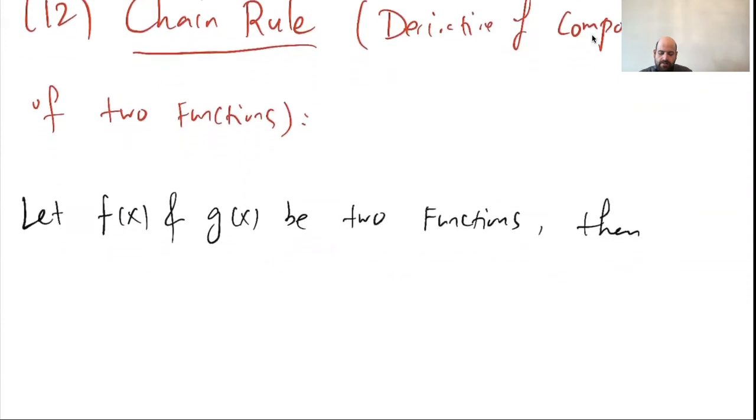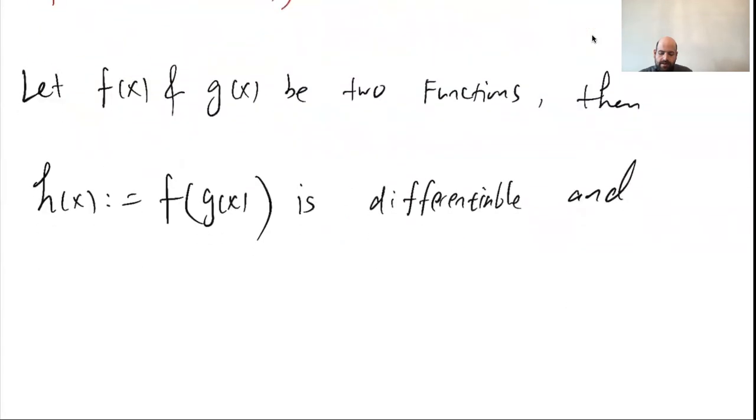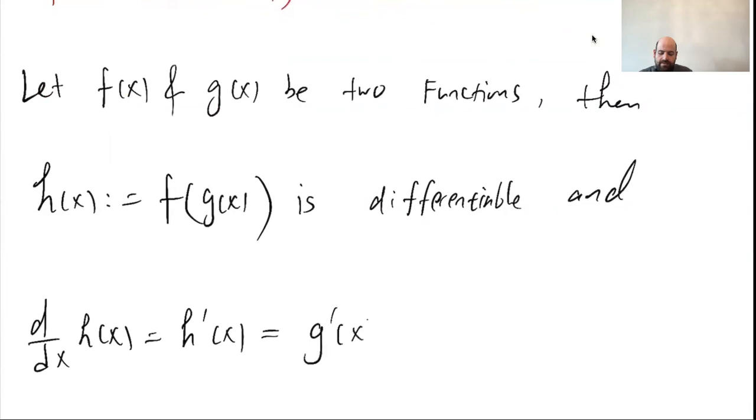Then h of x defined as f of g of x is differentiable, and d/dx of h of x, or h prime of x, is equal to g prime of x times f prime of g of x.